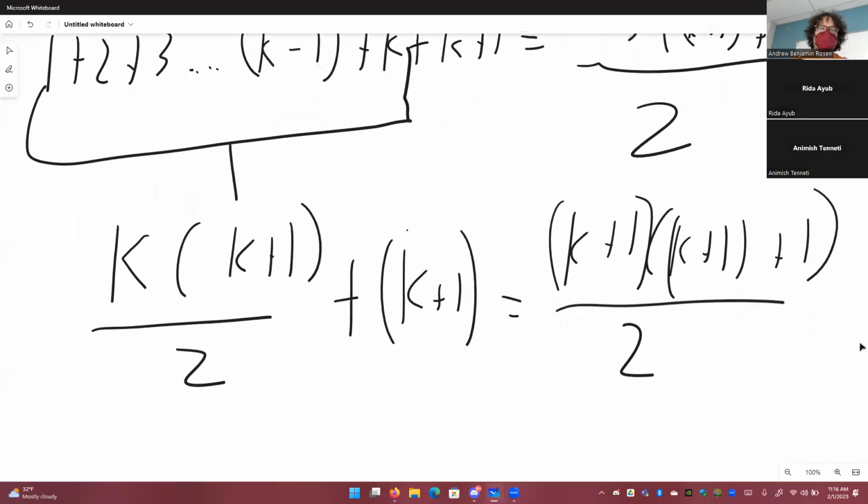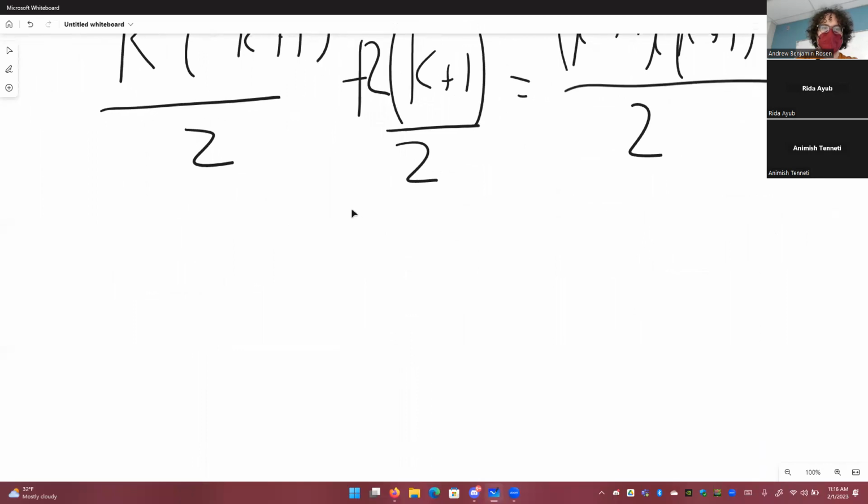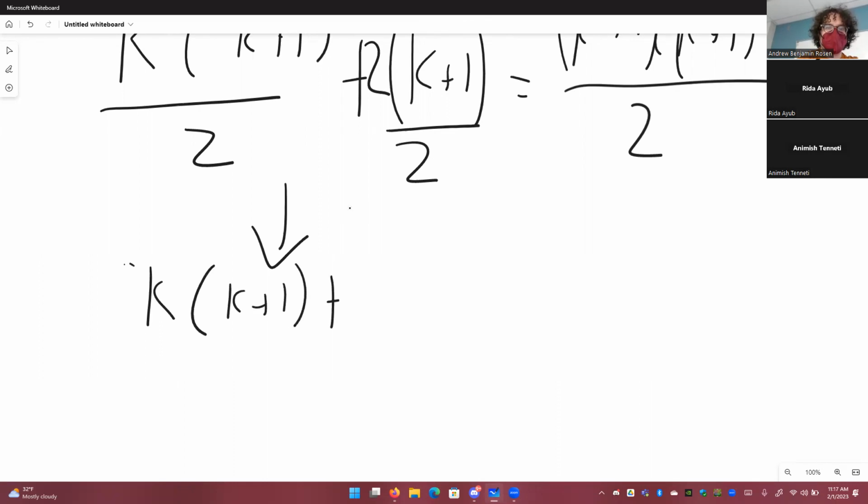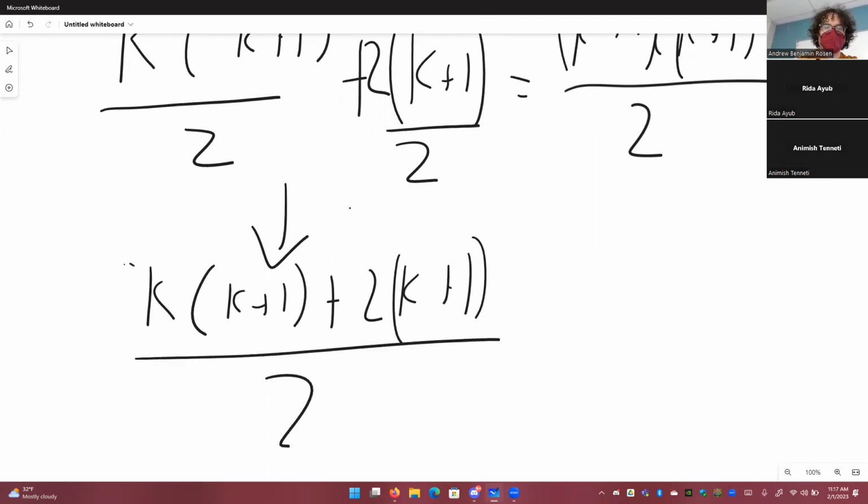So now how do we get from here to here? Well, the fun thing is that I can always do this, right? 2. I can always do that, so that now we have a common denominator. So now that becomes k times k plus 1 plus 2 times k plus 1 over 2.